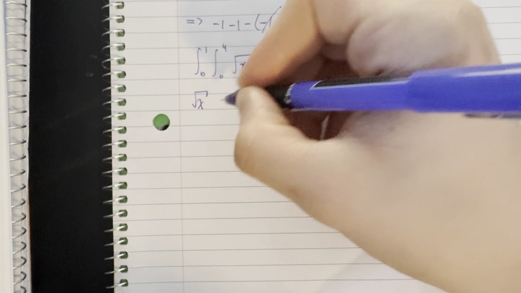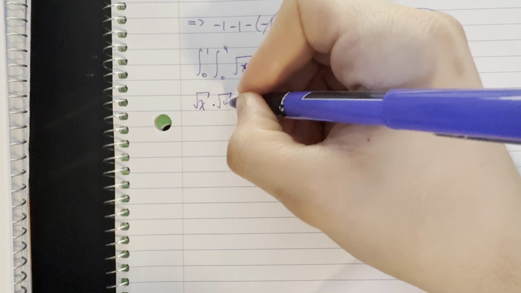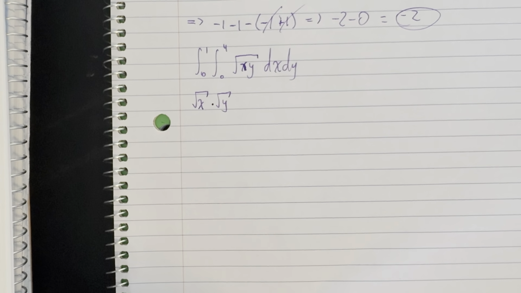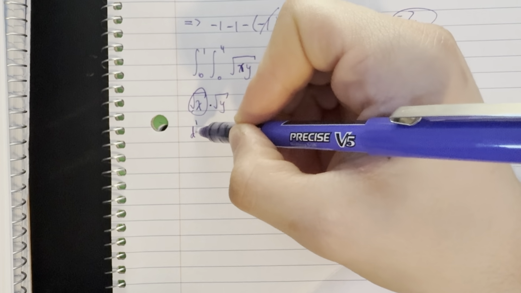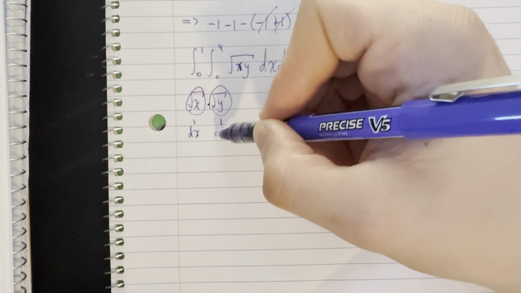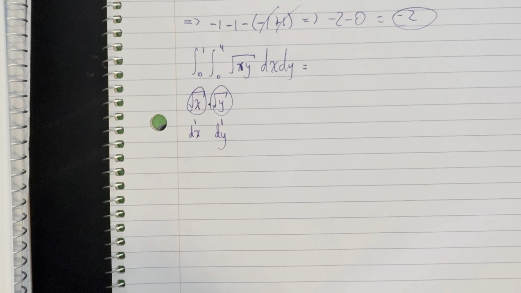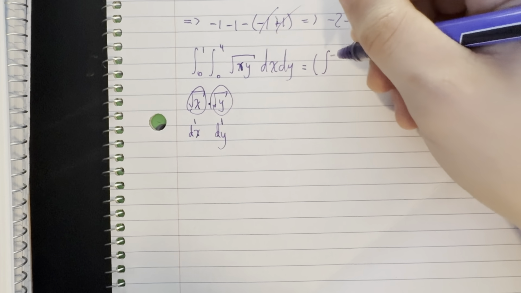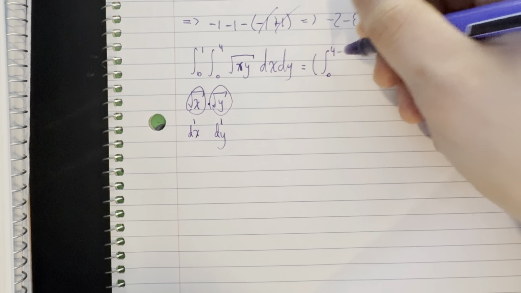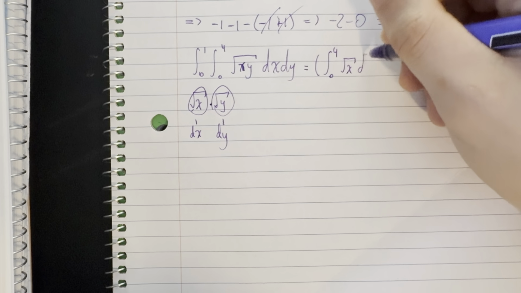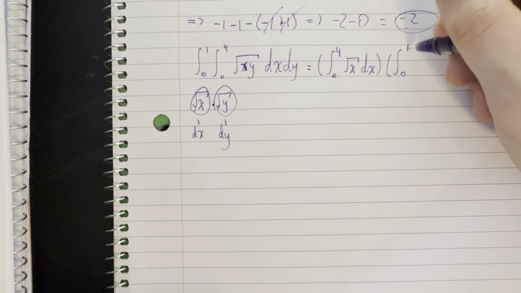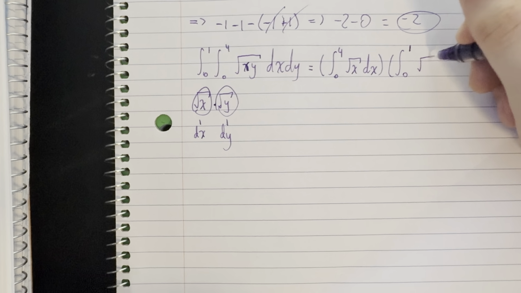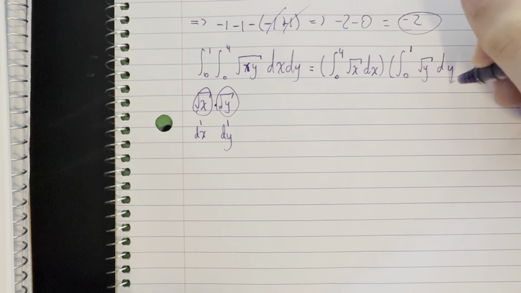One being root x and the other being root y. How does that benefit us? What you can actually do is split the integrals. You're going to shove this guy into dx and this guy into dy. So if we put the first guy into dx, we have 0 to 4 of root x dx. And then we're going to shove the other guy into dy. So 0 to 1 root of y dy.